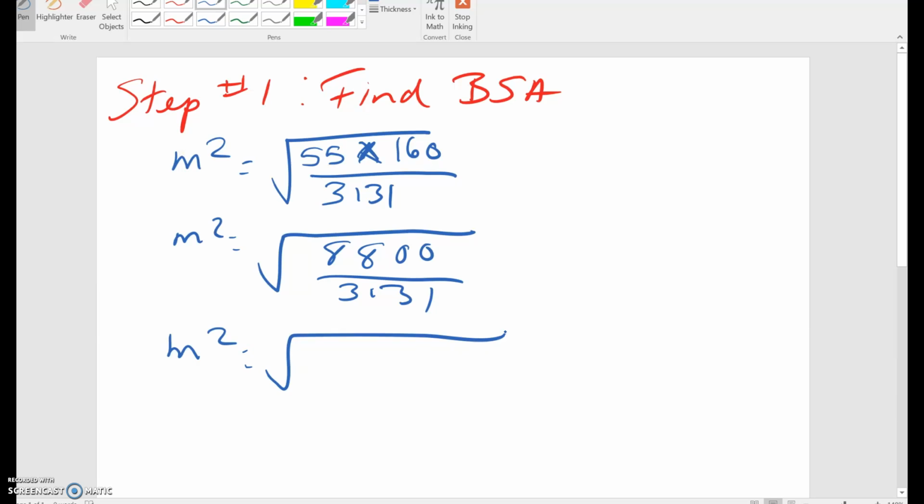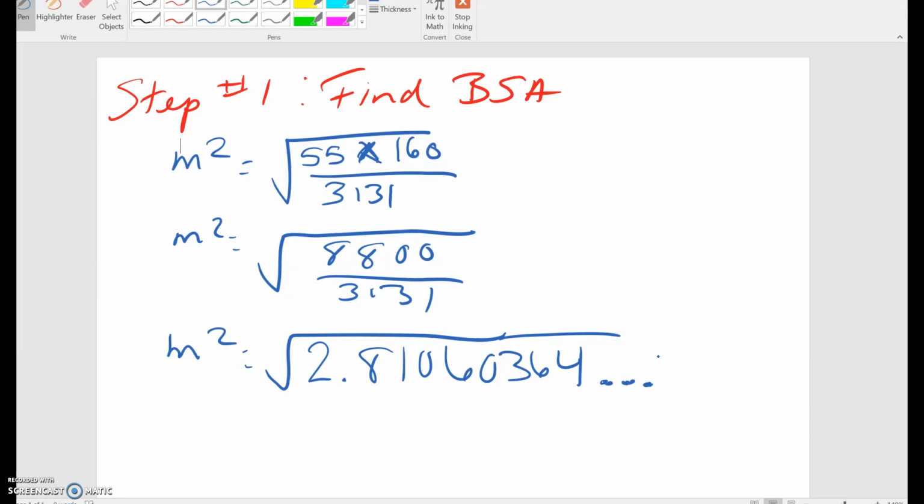When you divide that, in your calculator you should get 2.81060364, and it's a long number, so I'm just going to put some dots there to indicate that.